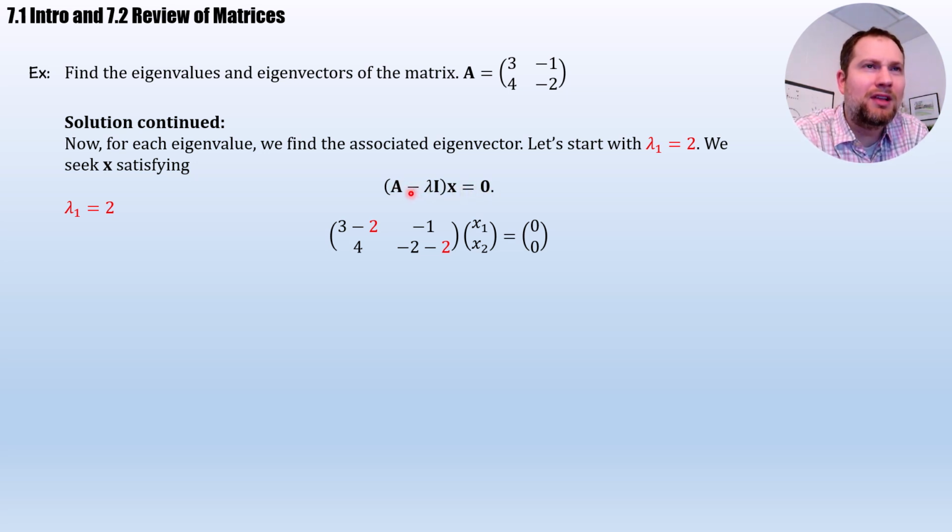Remember where this comes from. This comes from the fact that we required Ax to be the same as lambda x. So all I've done here is plug lambda equals 2 into that requirement.